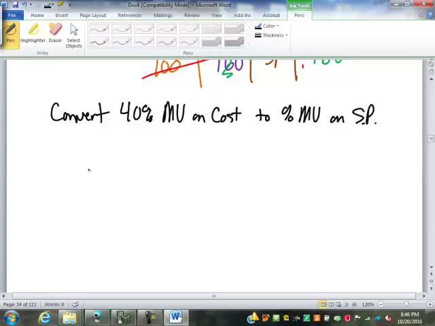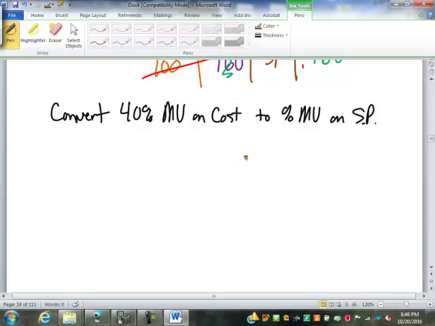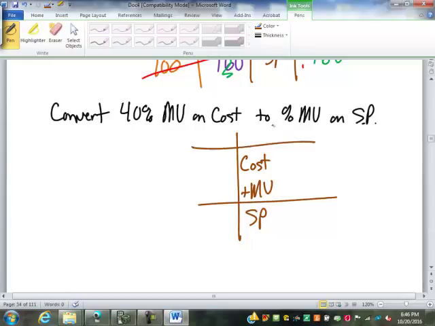In your notes, see if you can do this one for me. Convert a 40% markup on cost to percent markup on selling price. Sure. So we can fill in the 40% here. It's on cost, 100% goes there. Selling price is 140. What'd you guys use over here?